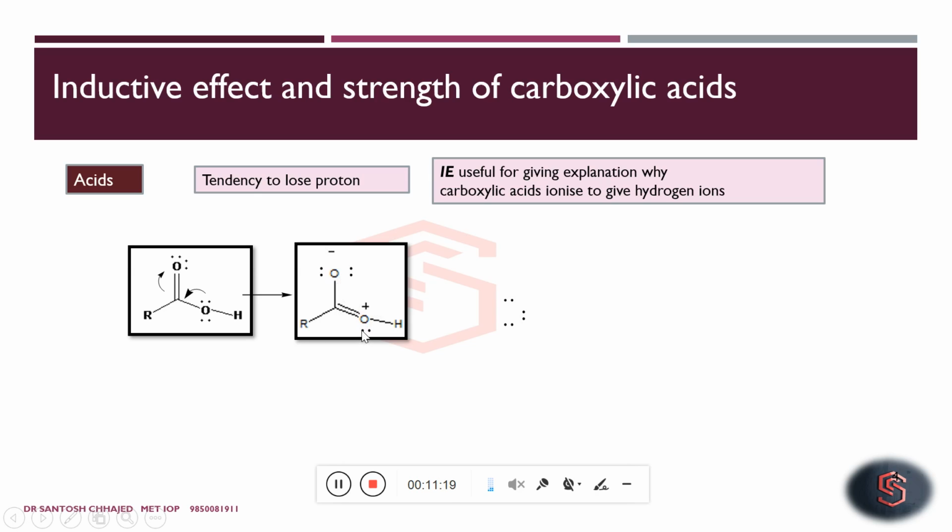So what will it do? There are two possibilities. In order to stabilize itself, this oxygen will either take back its electrons from the carbon, and we will get back this structure. One more possibility is there, that oxygen is more electronegative than hydrogen, so it will try to take the bonded pair of electrons towards itself.